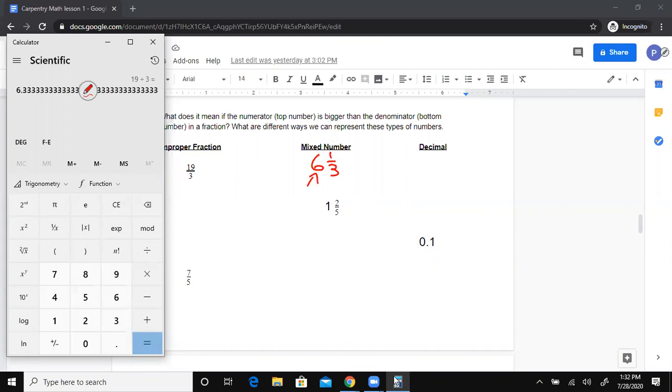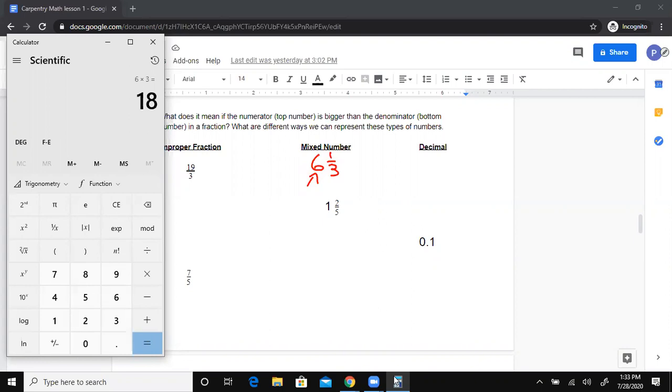That is how many whole 1 values fit into 19 over 3, and there is some amount left. So what I like to do, once I know there's 6 times the bottom number of my fraction, in this case 3, is equal to 18. How much more is there to get 19? 1. Put that 1 over the 3 that existed in the improper fraction, and you're done.